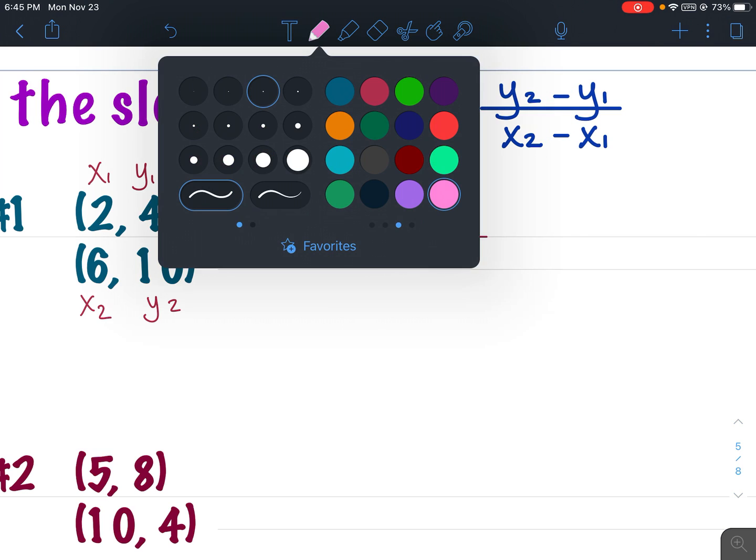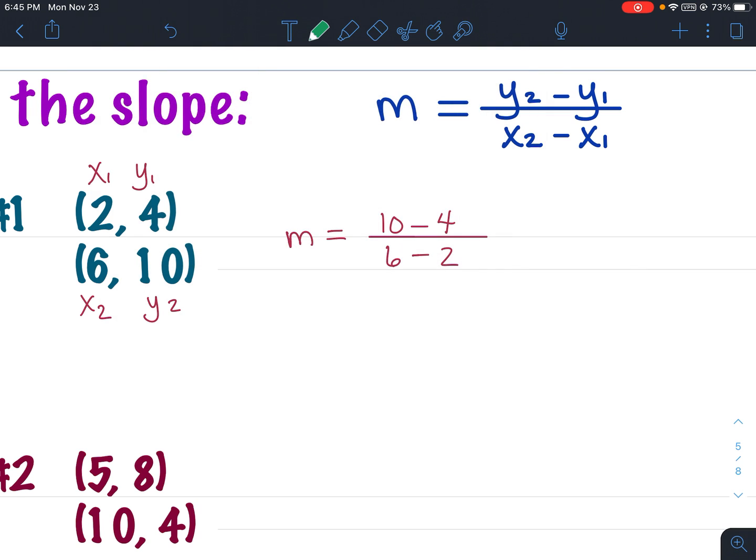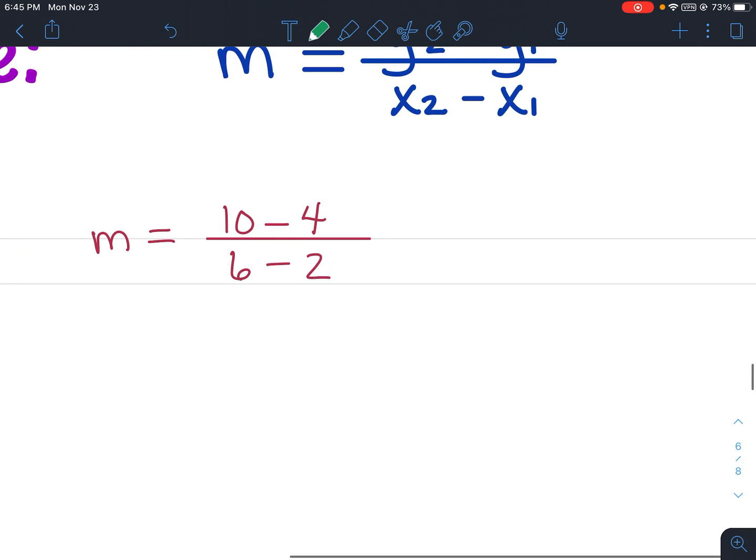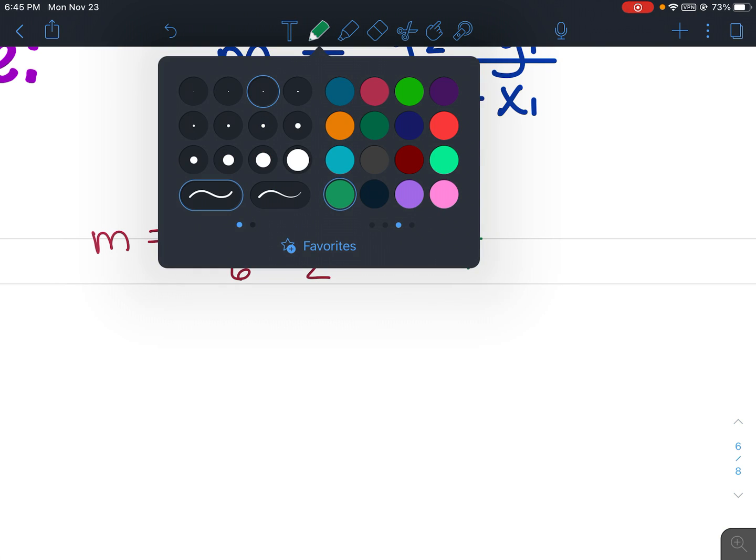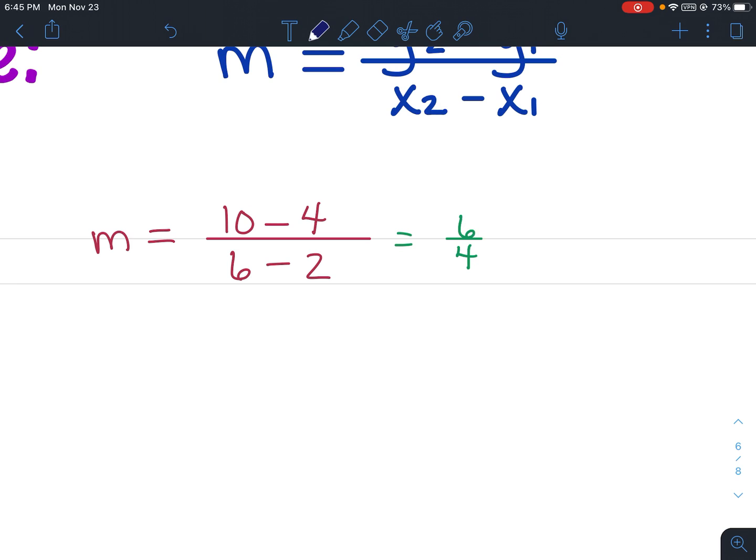All right. So you could simplify the top. 10 minus 4 is 6, and 6 minus 2 is 4. But that would need to be reduced. And if I reduce that, I get 3 over 2.